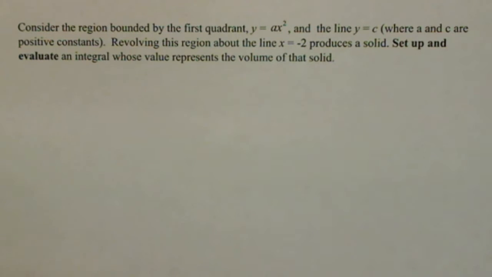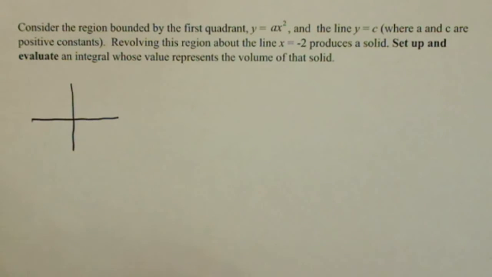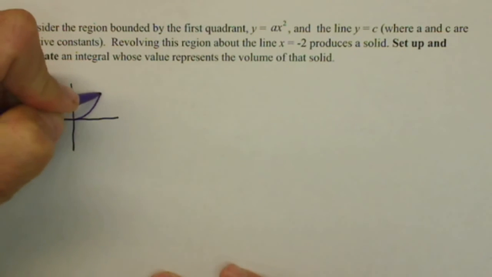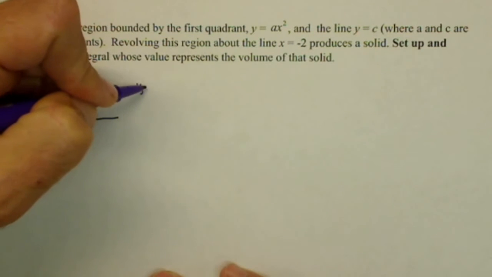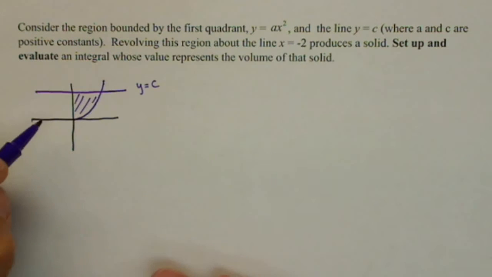So first off, let's go ahead and draw our curve. ax squared is just our quadratic here, and then we have some line y equals c. And here is our solid because it's also in the first quadrant.